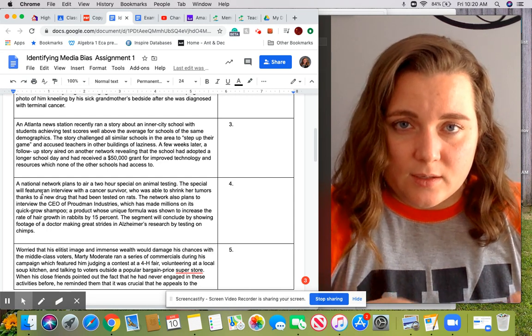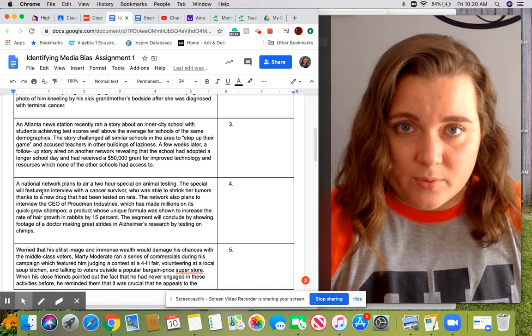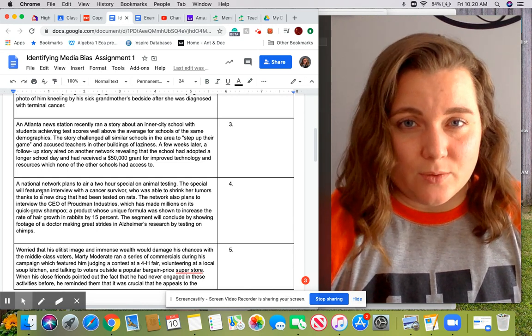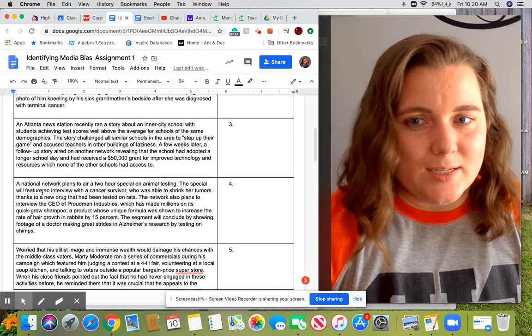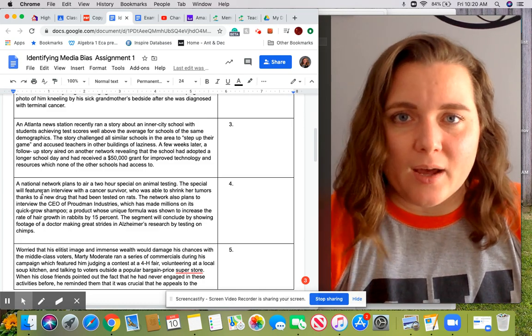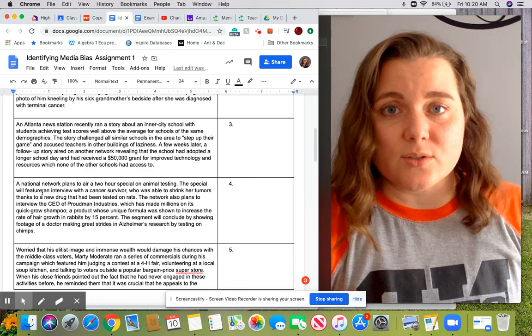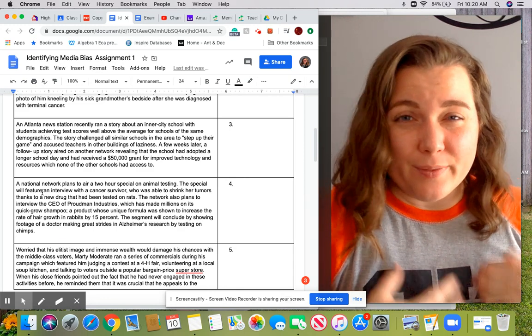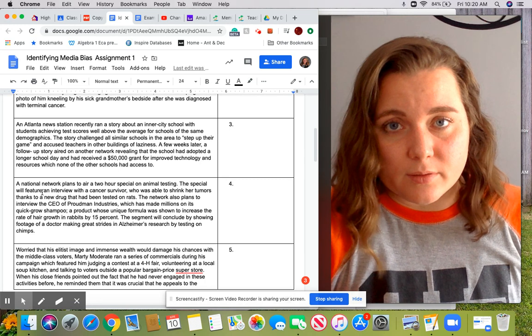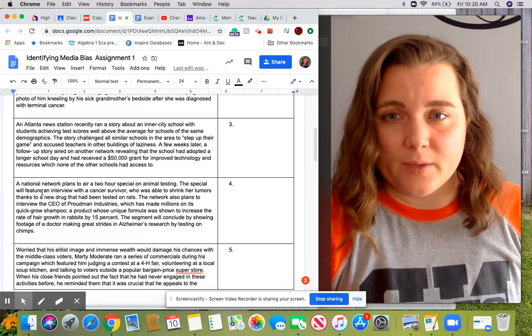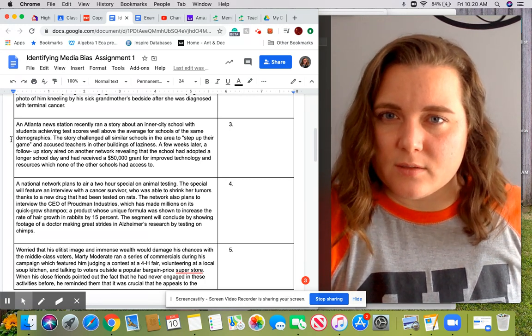So we can see in this example the bias by omission because the original news source didn't mention anything about the advantages the school got over all the other area schools. They left that out. That is extremely biased. So number 3 is bias by omission. Hopefully that one makes more sense.